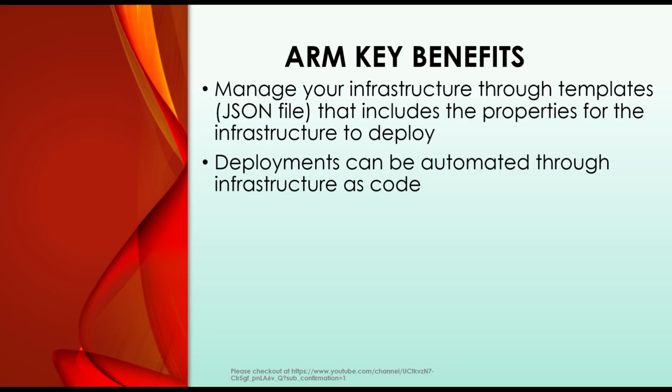But there's one thing we have to make sure of when we are utilizing this: we should be following the correct order. For example, we have the management layer where our Resource Manager sits, and below that is the subscription. When you use infrastructure as code, you have to specify which subscription you will be utilizing, and below that you provide the resource group, the locations, and then the size or the SKUs.